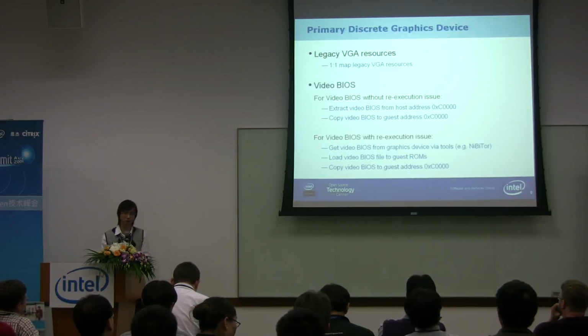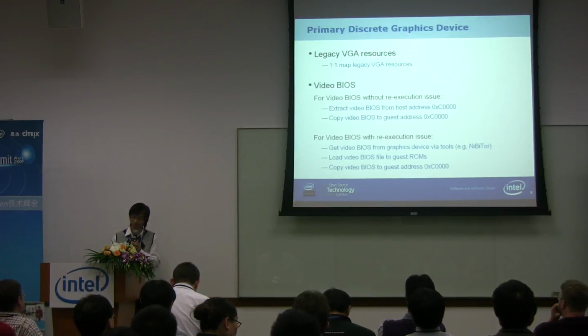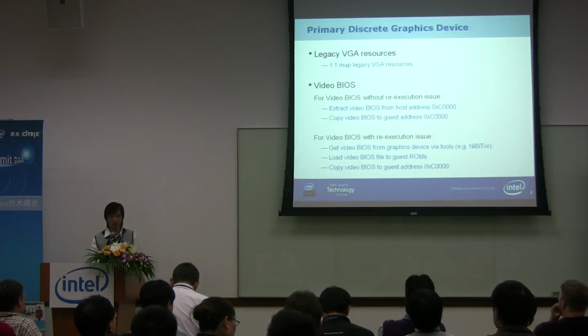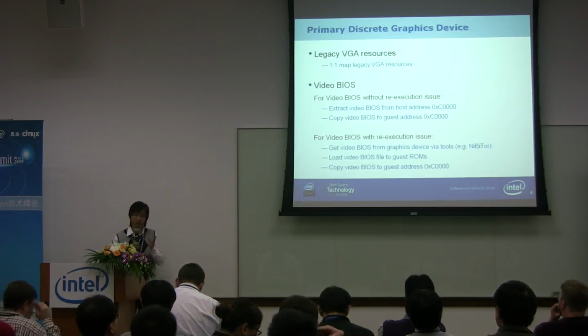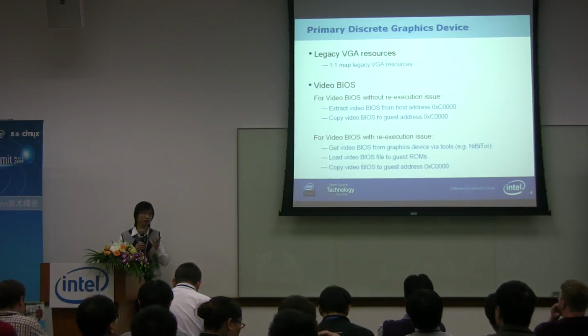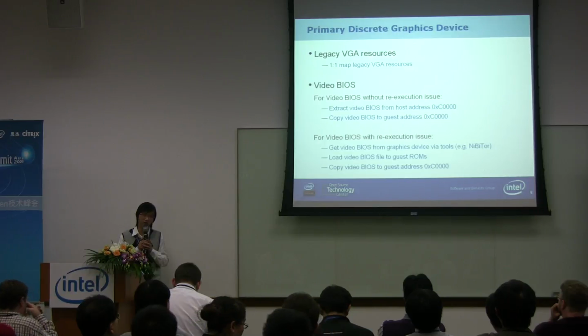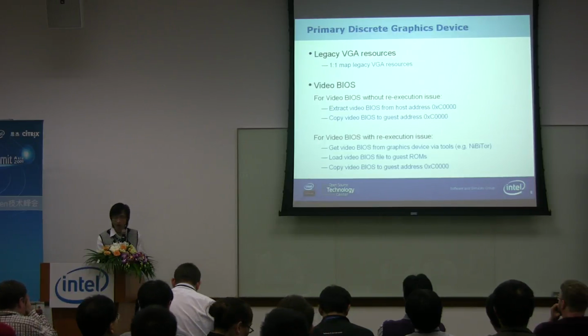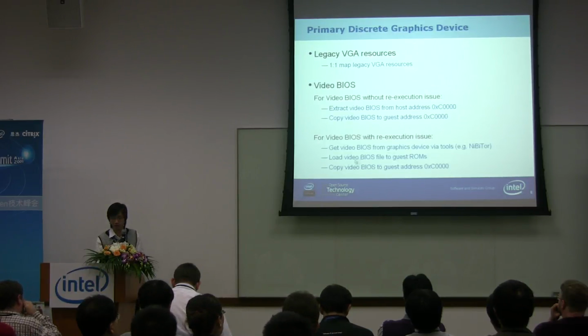The next is about the VBIOS re-execution challenge. There are two cases. I mentioned some video BIOS have re-execution issue in the guest, but some have no problem. So, for the no-problem re-execution case, it's simple to handle.